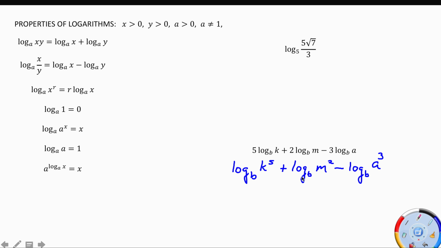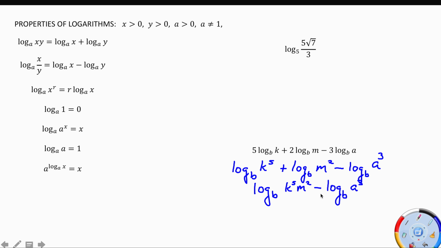Okay, now I can combine these two that are being added if I simply multiply the argument. So I'd have log with base b of k to the 5th times m squared minus log with base b of a cubed.